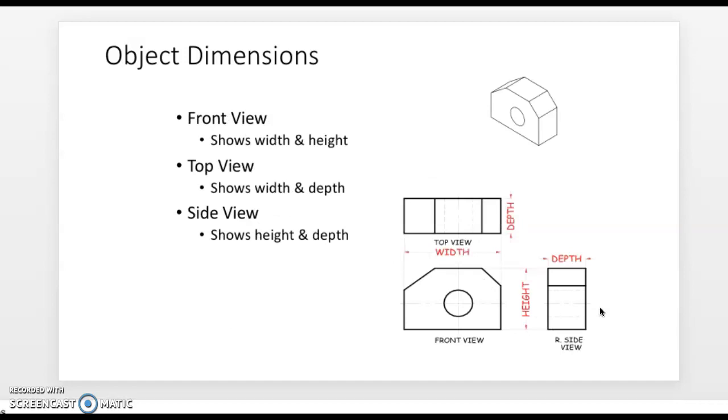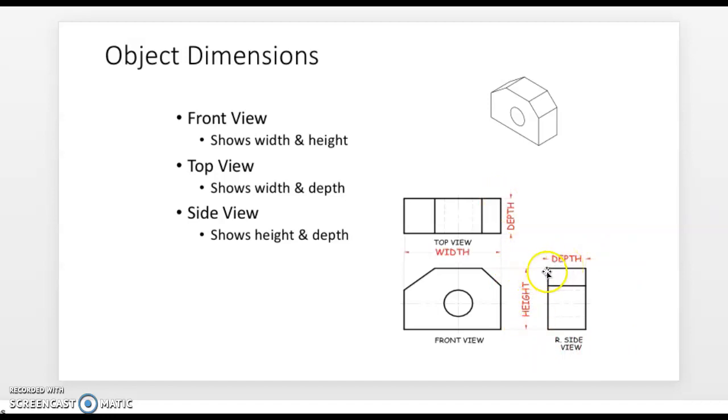In this PowerPoint though, it shows the front view has width from left to right, and it has height from top to bottom. The top view, provided it's aligned correctly, has width from the left side to the right side and shows depth from front to back. Then note the right side view only has height and depth.